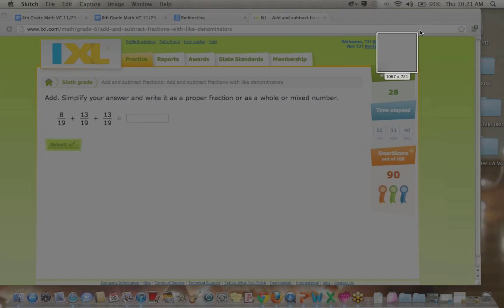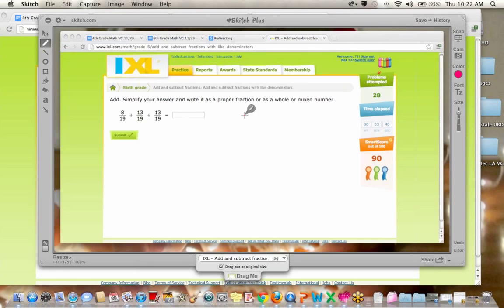Okay, so I'm seeing, good job, Christian. You added it up correctly, but now I need you to make it into simplest form. So think to yourself, how many groups of 19 fit into 34?